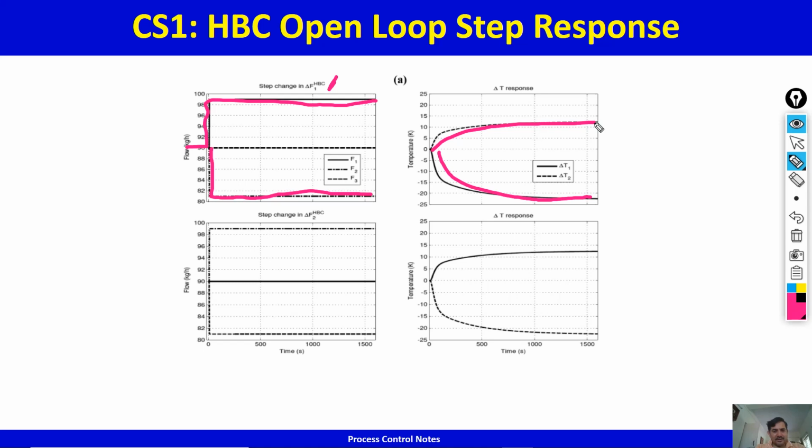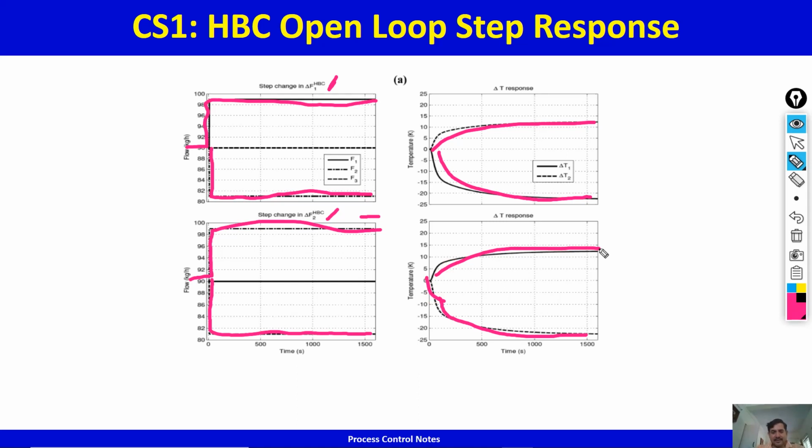Similarly, if the heat balance controller makes a change, delta F2, which is this, then F3 automatically changes by the same amount in the negative direction, and what this does is delta T2 decreases and delta T1 increases.